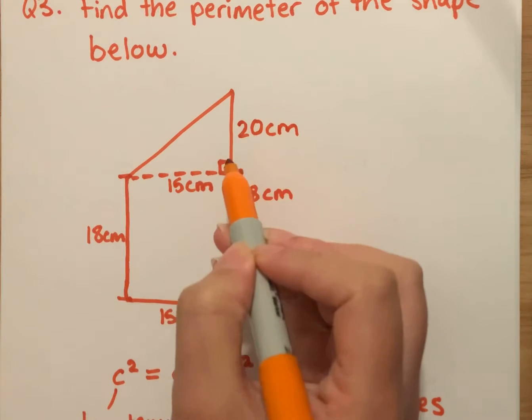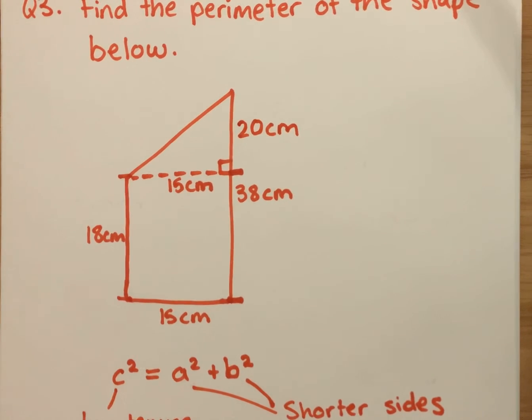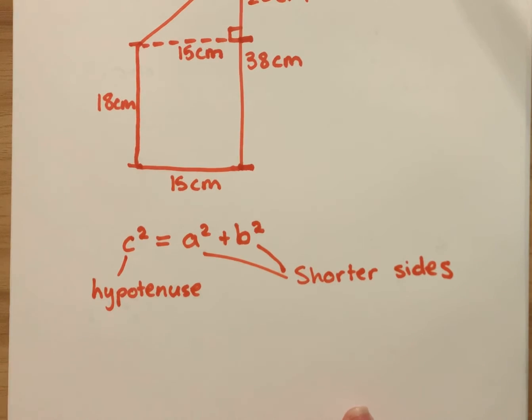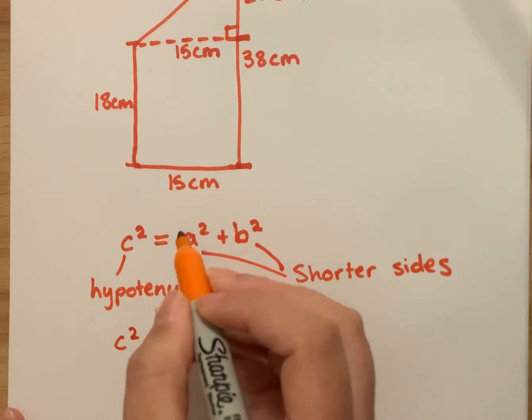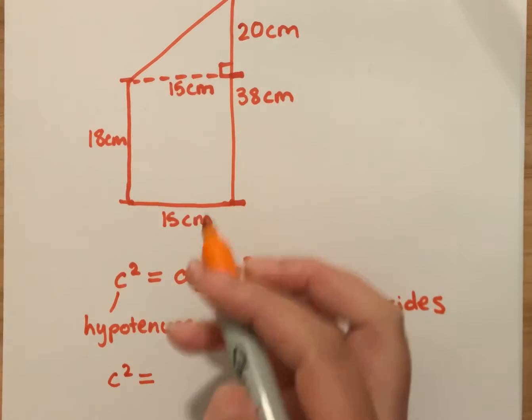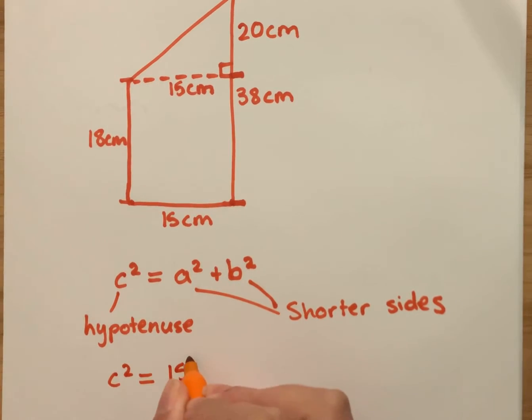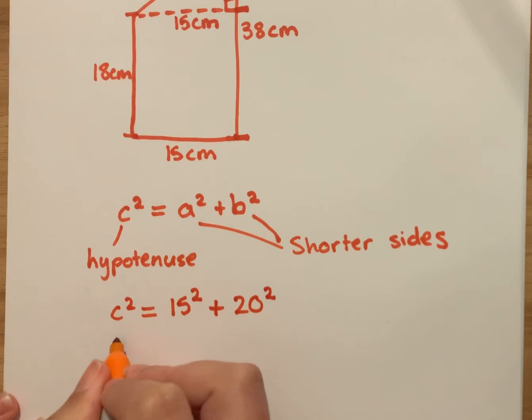We've got our two shorter sides, so we can work out the hypotenuse using Pythagoras' theorem. So if we've got A and B, we're just going to substitute those into our formula. Our A can be either of these. Let's just say it's 15. And our B is going to be the other side, which is 20. So we can work this out.